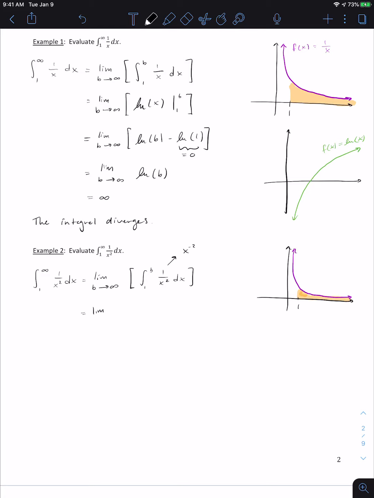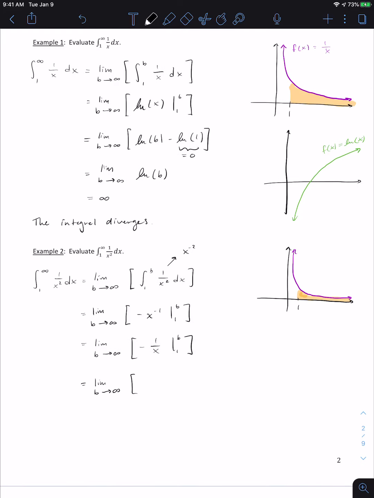So I get the limit as b goes to infinity of negative x to the negative 1, evaluated from 1 to b. So that's the limit as b goes to infinity of, I'm just going to write negative 1 over x from 1 to b. So the limit as b goes to infinity of negative 1 over b minus negative, in other words, plus 1.